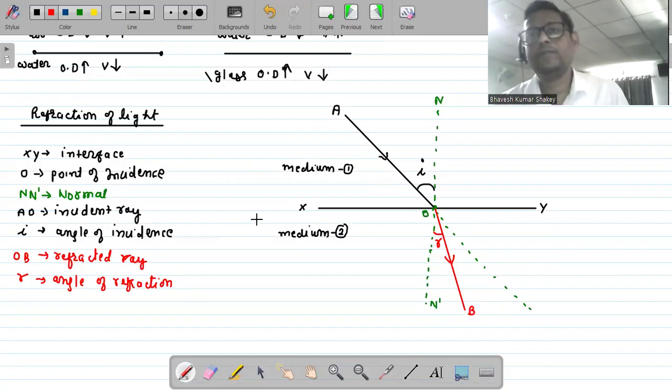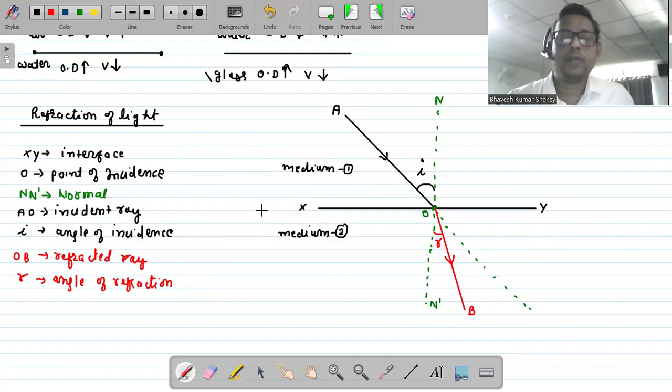Now I can define the phenomenon of refraction of light. When the light ray travels from one medium to another of different optical densities, it bends, and this phenomenon of bending of light is called refraction of light.